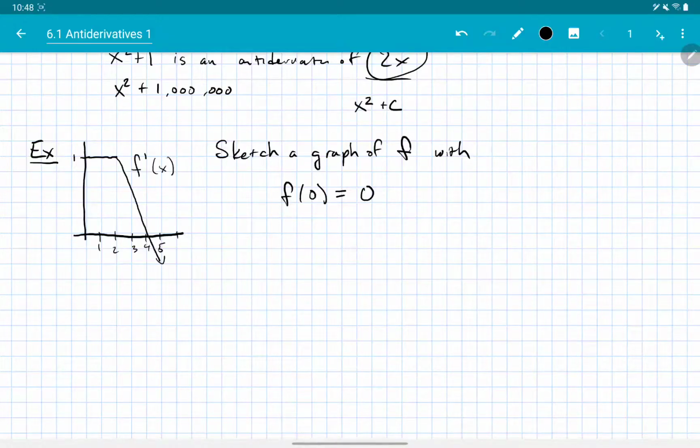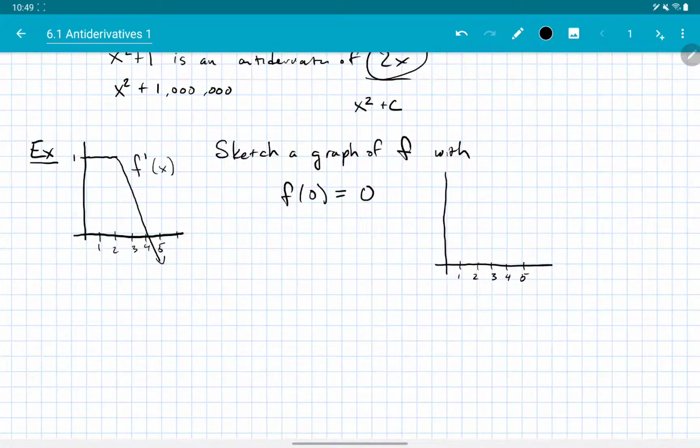So let's draw our graph again. 1, 2, 3, 4, 5. And now let's go back and look at f prime. Note that f prime is equal to 1 for the first two numbers, from 0 to 2.